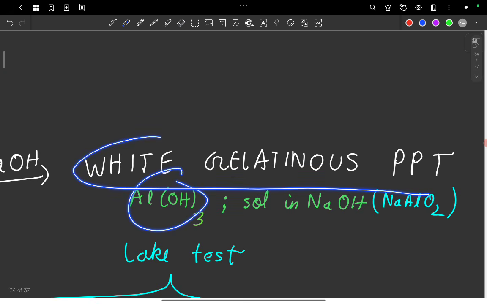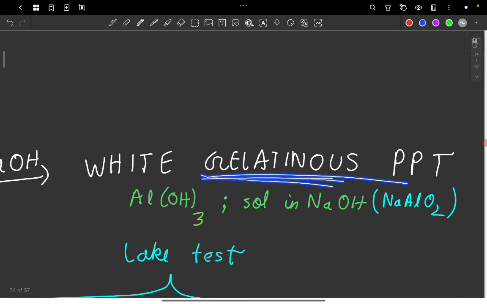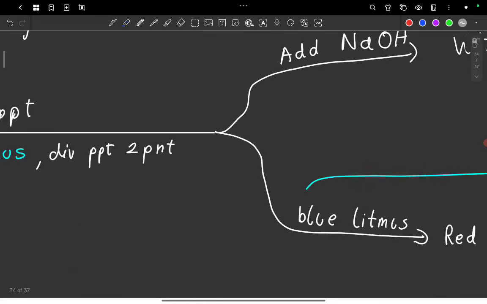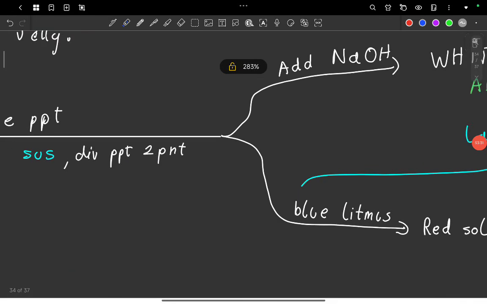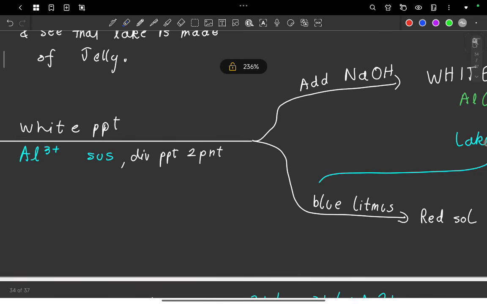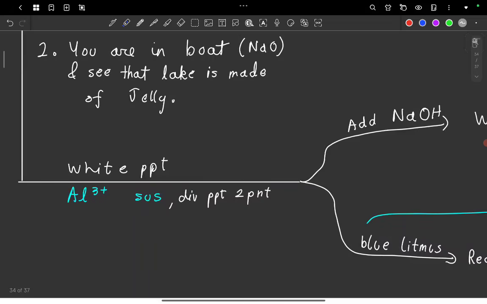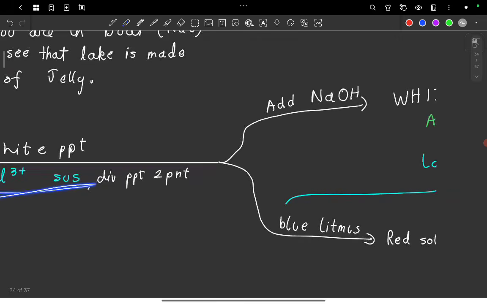And this is a white gelatinous PPT. Again, salt analysis is a dictionary. You have to remember this keyword gelatinous PPT. Then samajh jana, it is Al(OH)3. Okay. Now to the second part of the PPT, you have to send it under blue litmus. Why blue litmus? Basically, this has sort of acidic character.